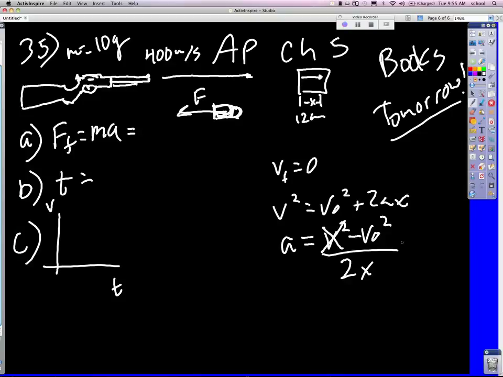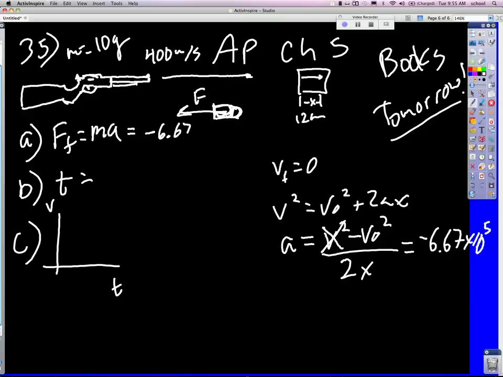So negative 6.67 times 10 to the 5th. And then we can multiply that by 0.01. So we get the force is negative 6.67 times 10 to the 3rd newtons.